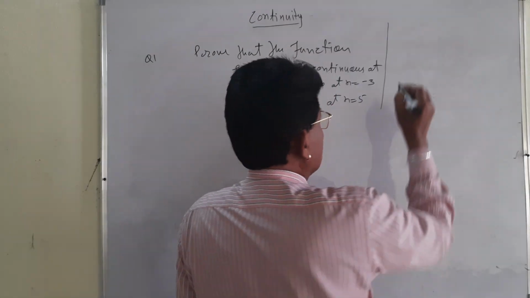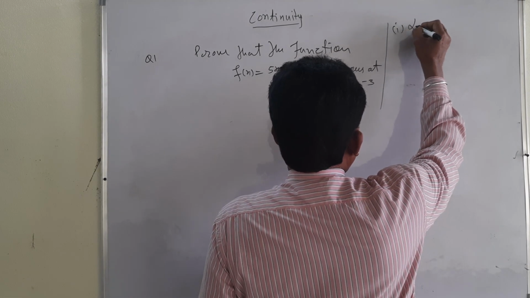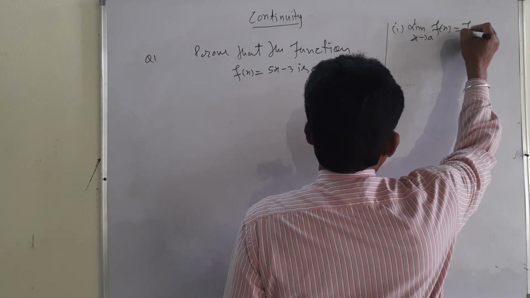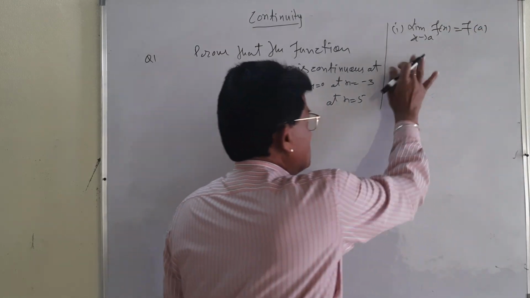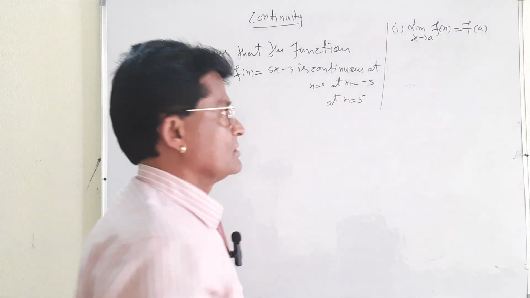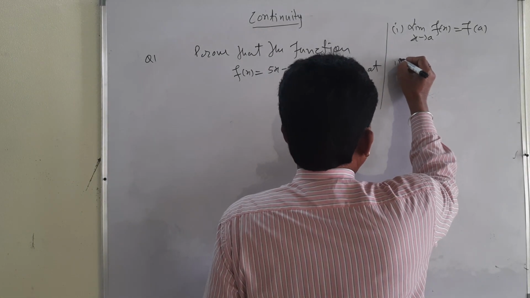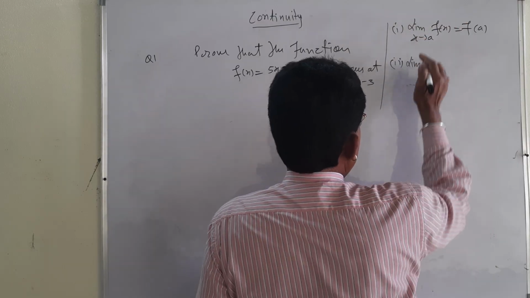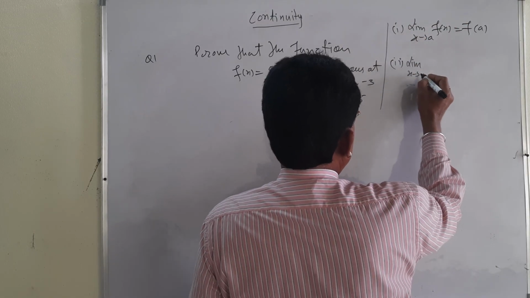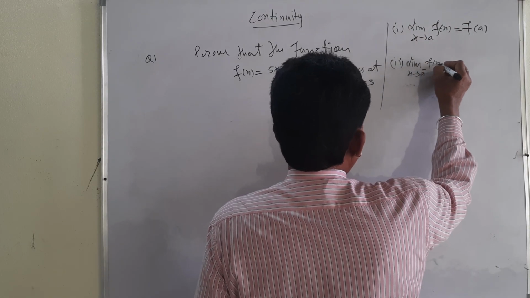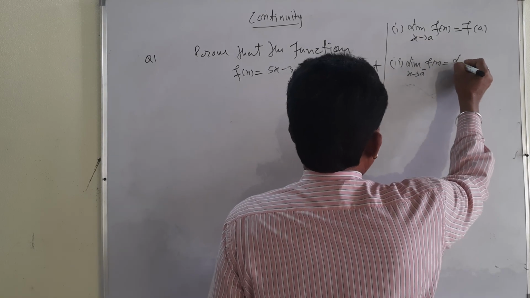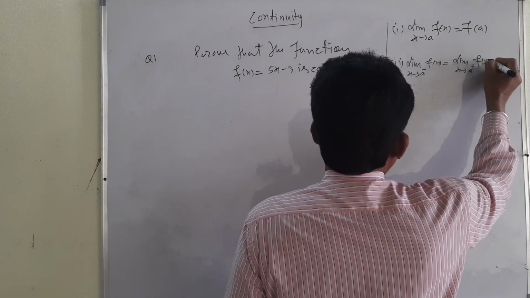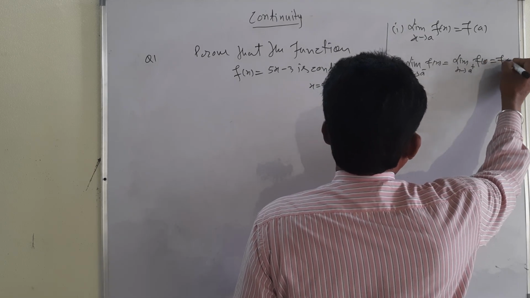The function will be continuous, first case: the limit as x tends to a of f(x) must be equal to f(a). I told you this by the diagram also in my previous videos. If you want to see the basic concept, see my previous videos. You break it into two limits, the left hand limit at the point a and the right hand limit at the point a, and it will be equal to f(a).